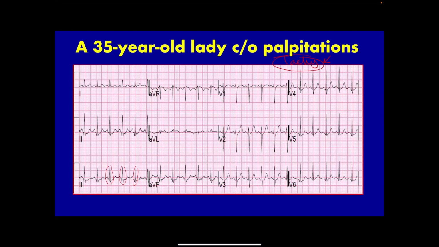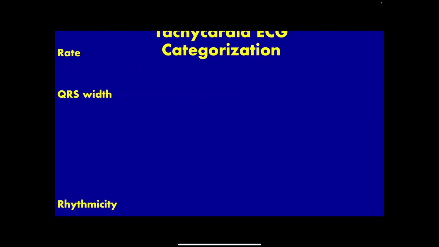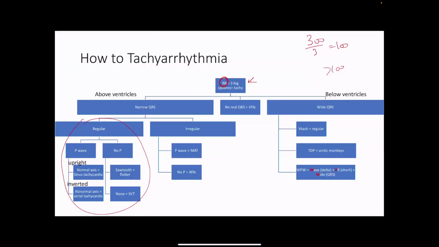Exactly, sinus tachycardia. So do you guys have the slides or no? Your slides? If you want to take a screenshot, yes. They'll be sent later. Oh, okay, so if you guys want to take a screenshot of this, so you can follow along with the ECGs.